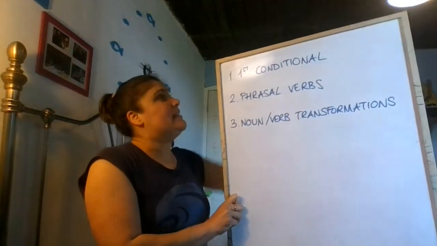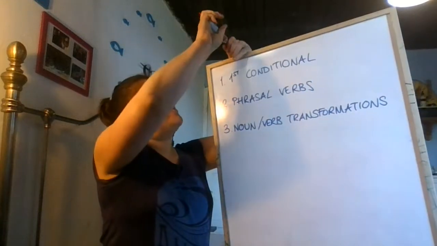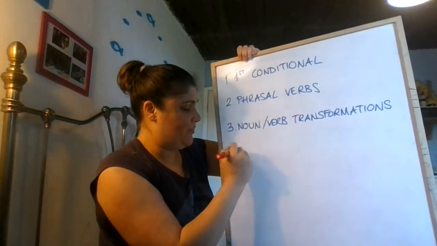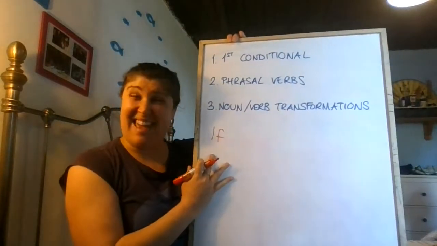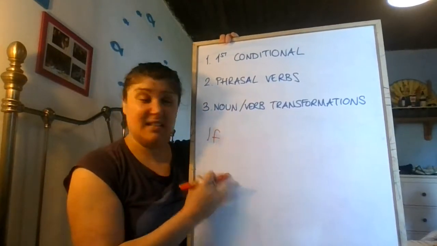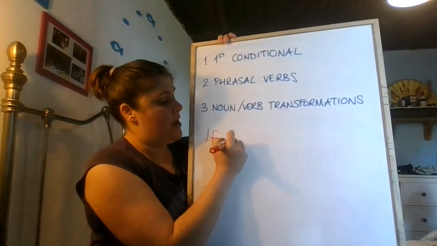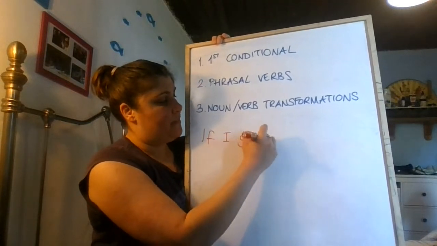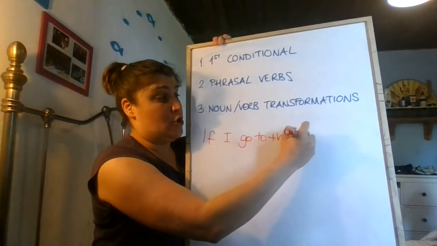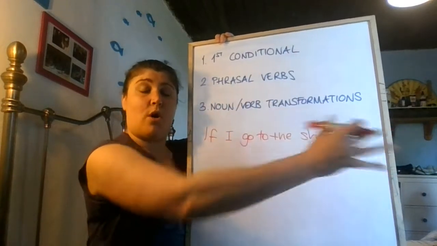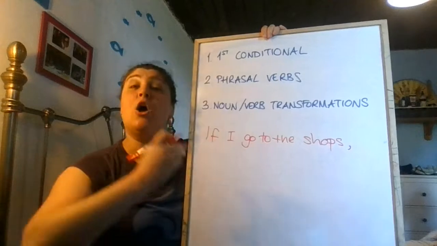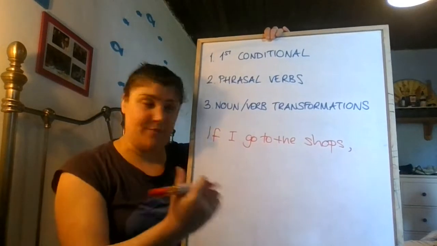Let's give an example sentence. Remember, first conditional starts with if and the present. So for example, if I go to the shops, comma, what comes in the second part? Good, will and infinitive.